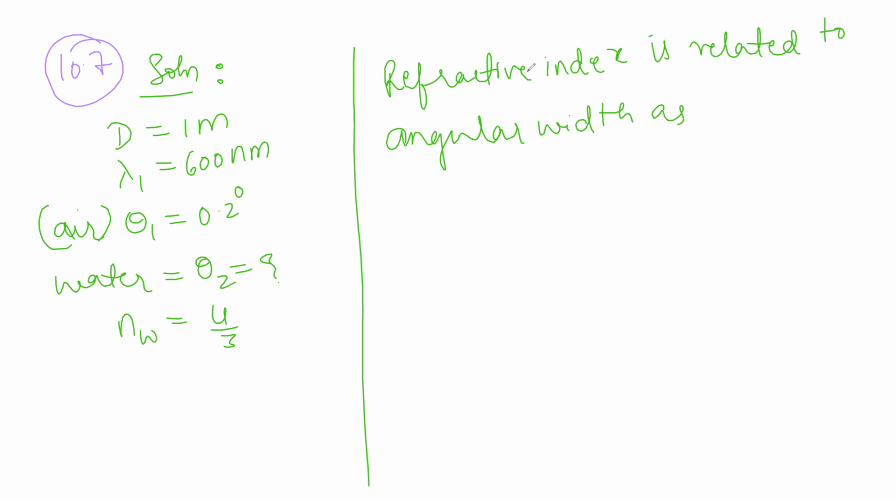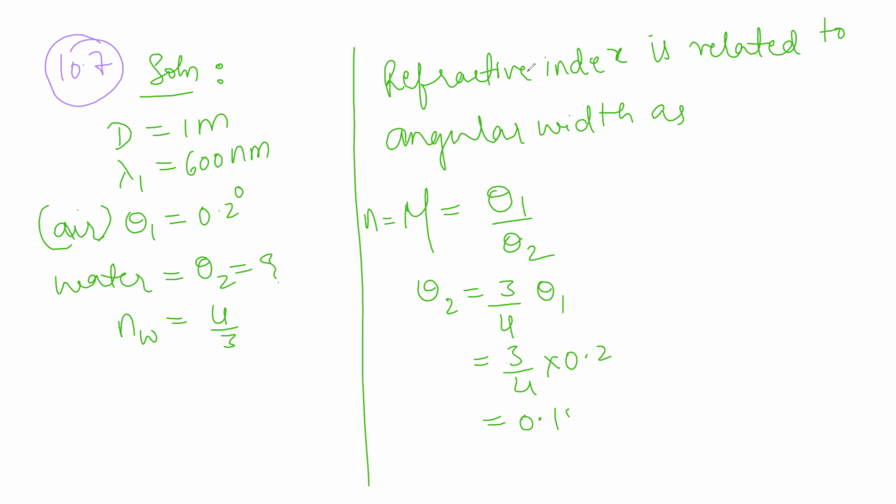Refractive index is represented as n or mu, any term you can use. So theta 1 divided by theta 2. Actually we want theta 2, we have to find. This becomes 3/4 into theta 1. Just substitute the value of theta 1, that is 0.2. If we simplify this, this becomes 0.15. So therefore, angular width of the fringe in water will be reduced to 0.15 degree.